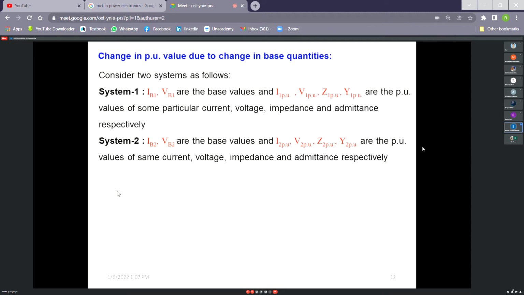Say if we want to calculate per unit values of different parameters of a generator, then we shall take base quantities as the rating of that generator. Similarly, for a transformer, we shall take the rated values of that transformer.